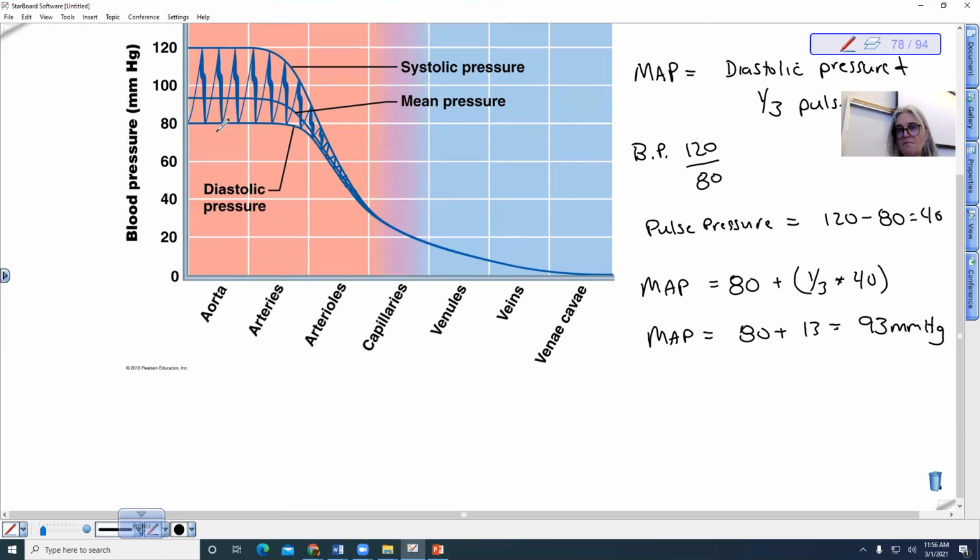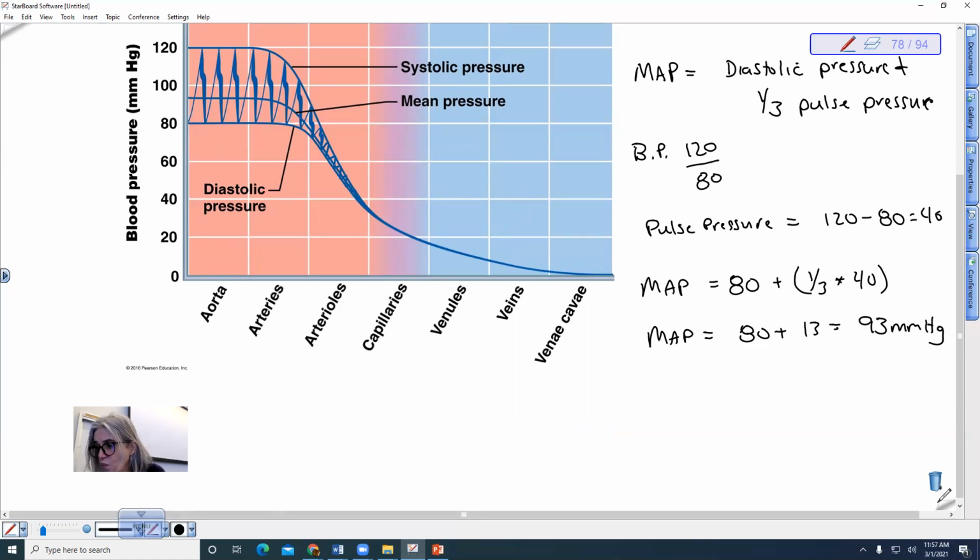You'll notice that the mean arterial pressure is going to decrease as you move further from the heart, and eventually when you get into the capillaries, it goes away, because we don't have a difference in the pressures. The pressure is relatively constant in the veins and the venules. So let's move that so you can see that calculation.